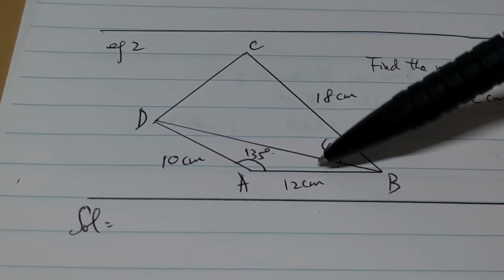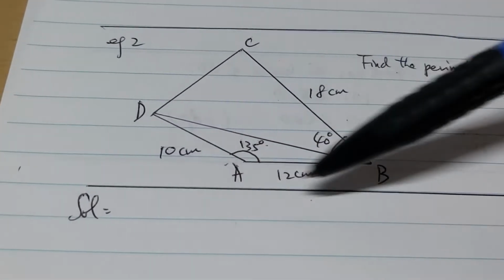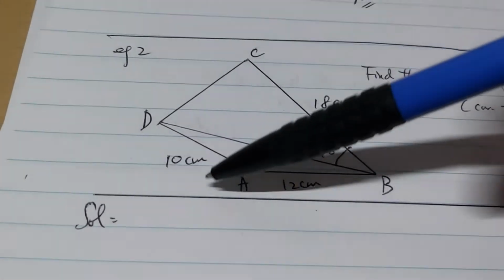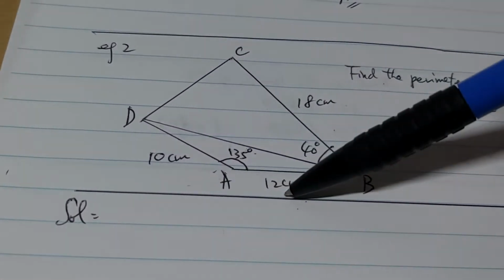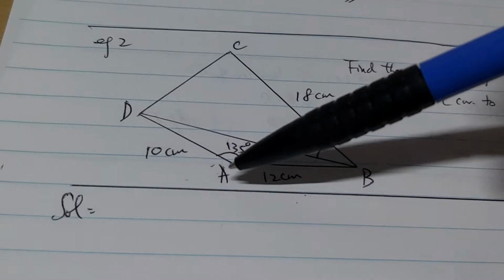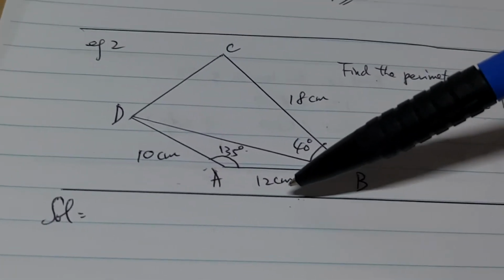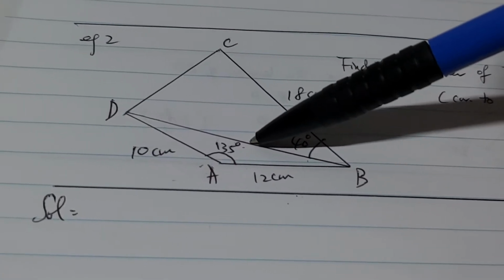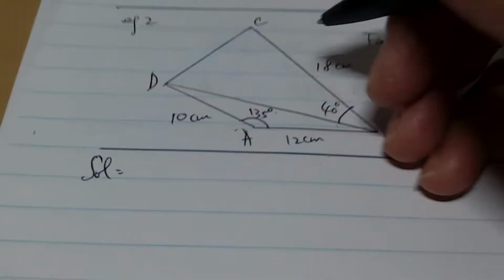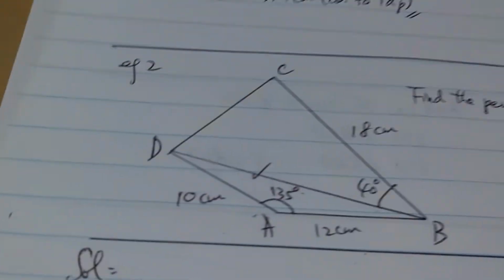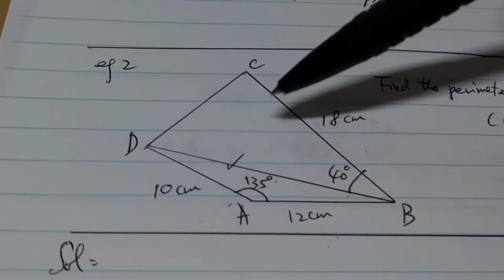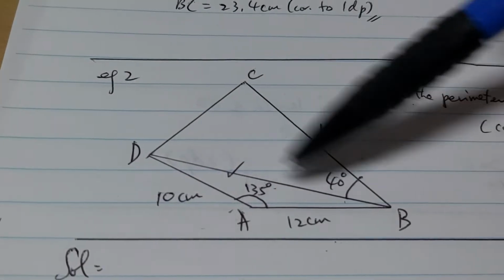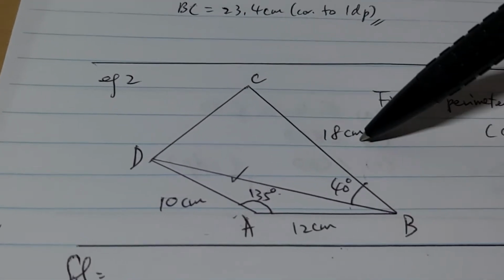We can see in triangle ABD there are SAS, side angle side. So we can use cosine formula to find the opposite side BD. After that, in triangle BDC, we have this side, this angle, and this side.